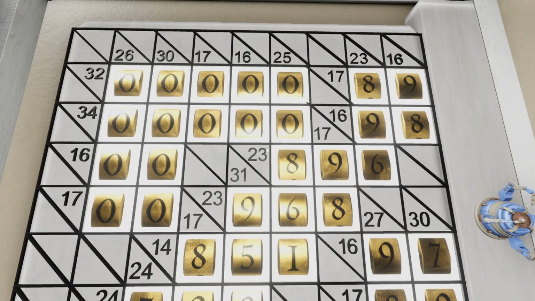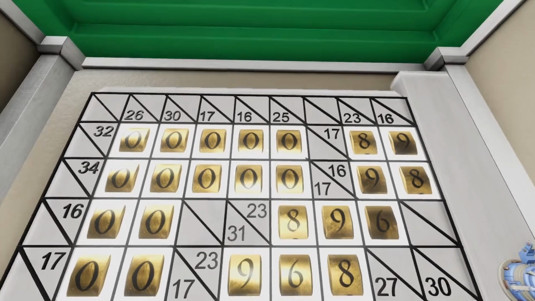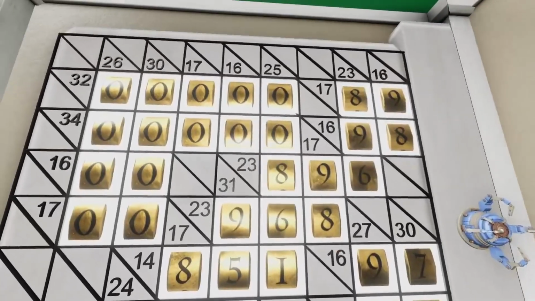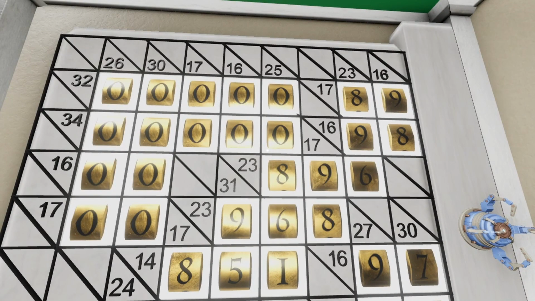Now the rest of 25 here. 8, 6, and 1. We only got 10. We only got a division of 10 left for those two. We got a 16, which means we got a 7, 9 again. We have a 17, that's an 8, 9. We have a 30 using 4 digits, which I believe was 6, 7, 8, 9.